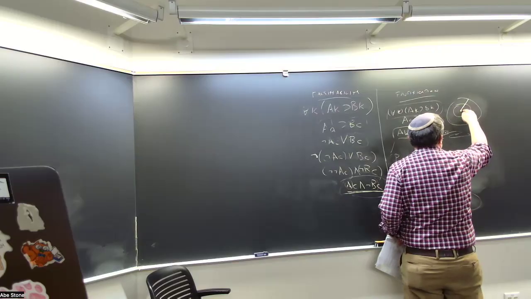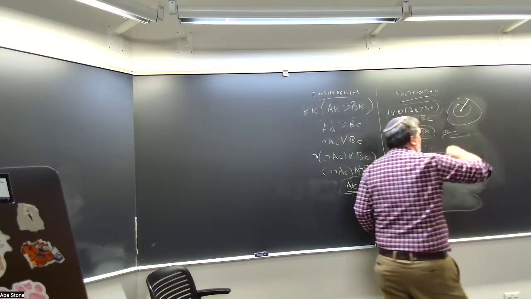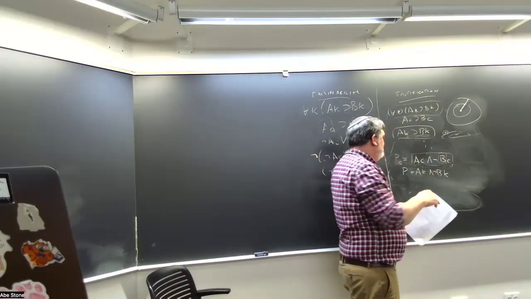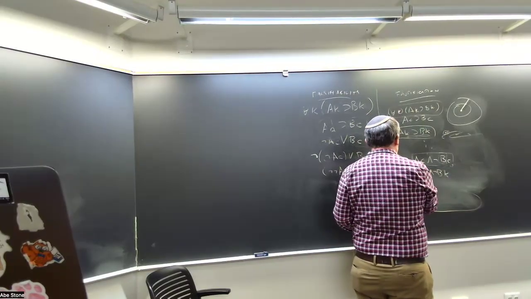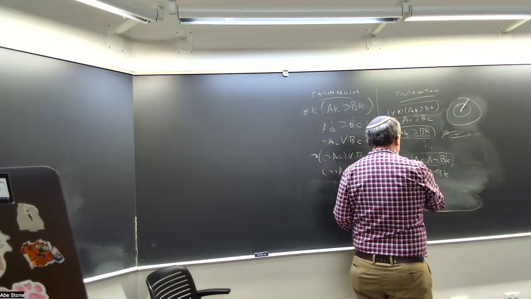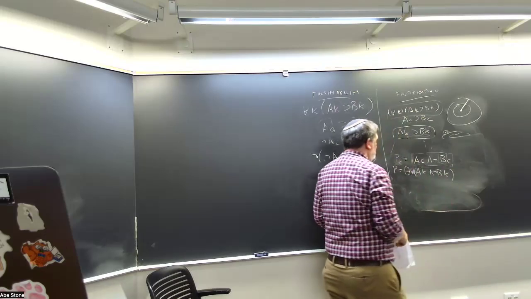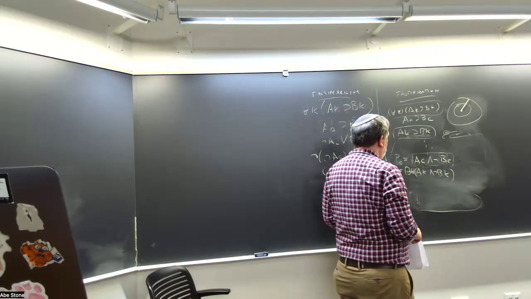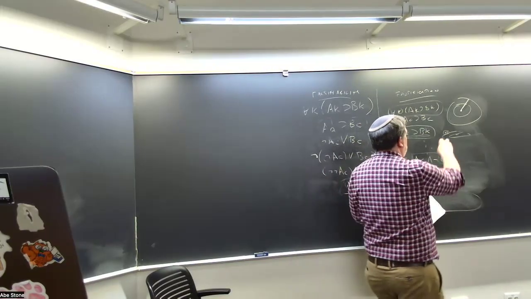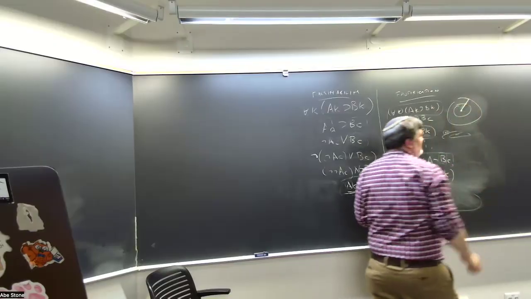The universal statement rules out everything on this line. The existential statement is the same as the line, because the existential statement says somewhere on this line there's something true.